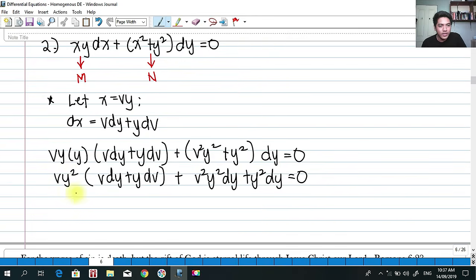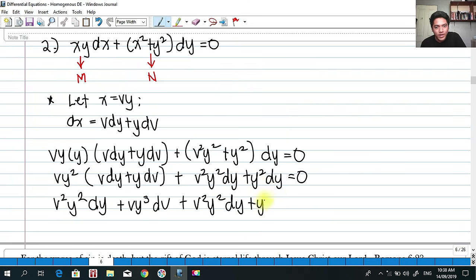And distribute this, okay? So we have v squared y squared, okay? Let me just rewrite this. v squared y squared dy, okay? vy squared times y dv, that should become vy cubed dv plus v squared y squared dy plus y squared dy is equals to 0.